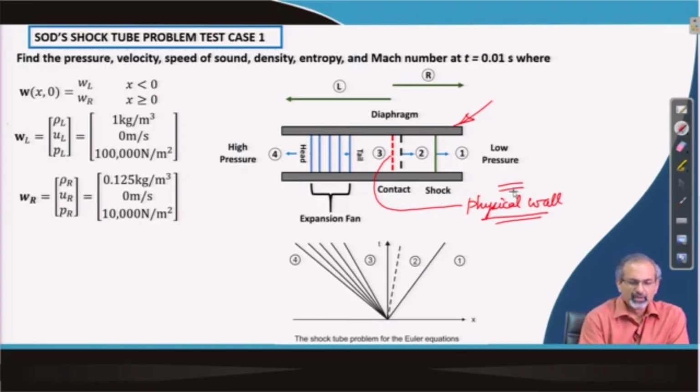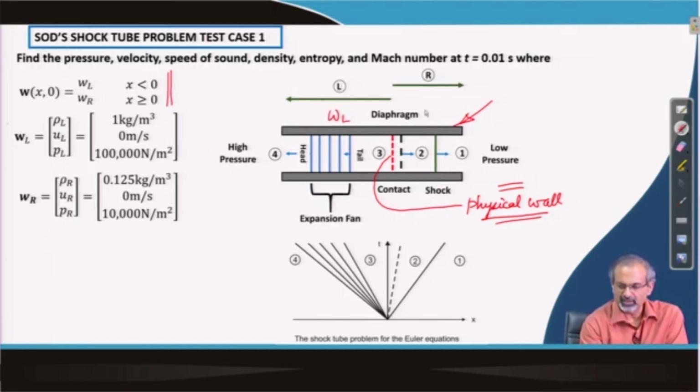So, we will talk about one of the standard benchmark problems in the domain of shock tubes, which is called the Sod's shock tube problem, test case 1, where at time t equal to 0, we have two different states W_L and W_R existing across the physical wall.